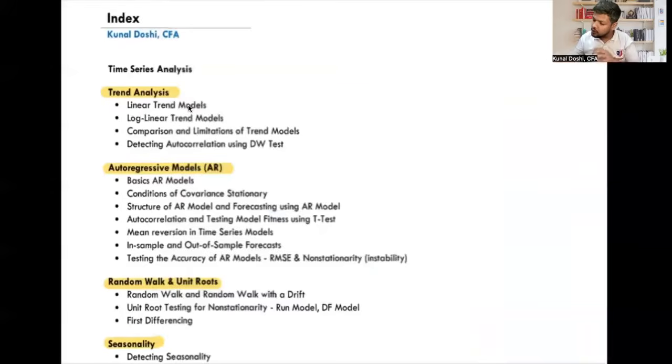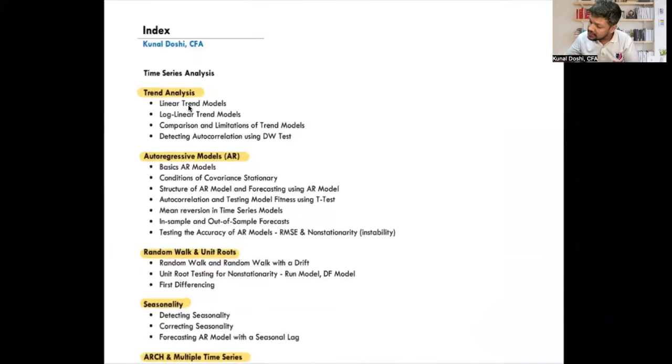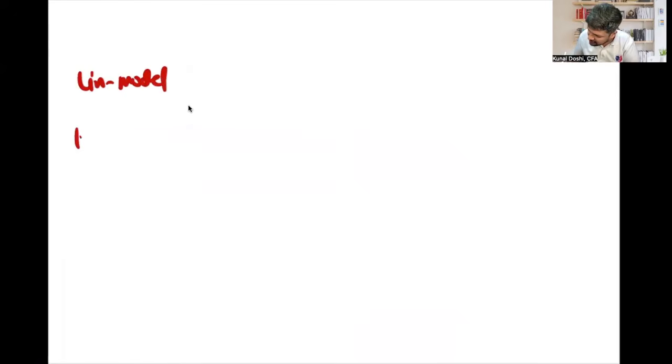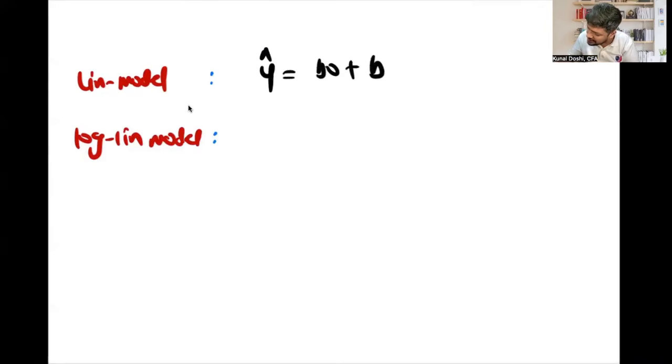So what we are going to do is understand how a linear model looks. First thing, we are understanding the linear model. I will write here the lin model, and then we will understand the log-lin model. Something of this sort was there in Level 1 regression at the end. So the linear model, where we are trying to predict y based on b0 plus b1, instead of x, I'll put the value t, plus error.